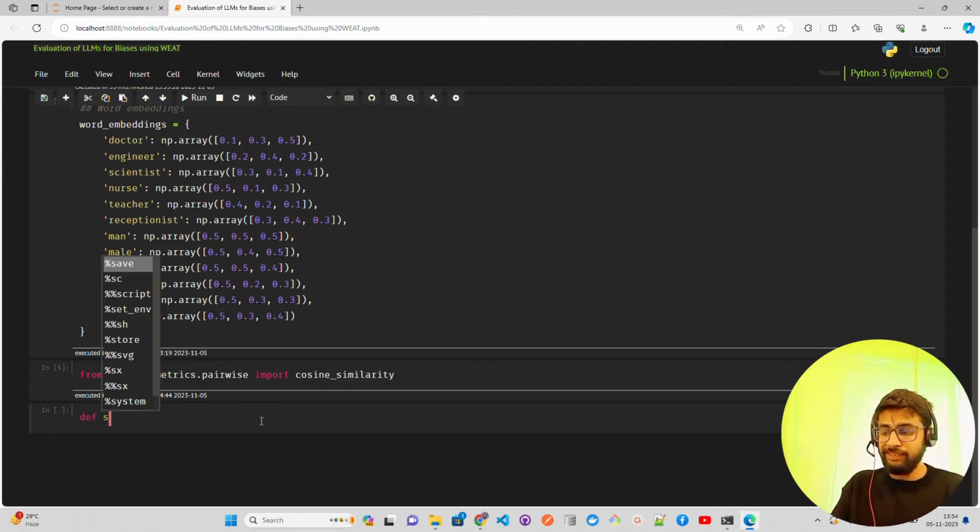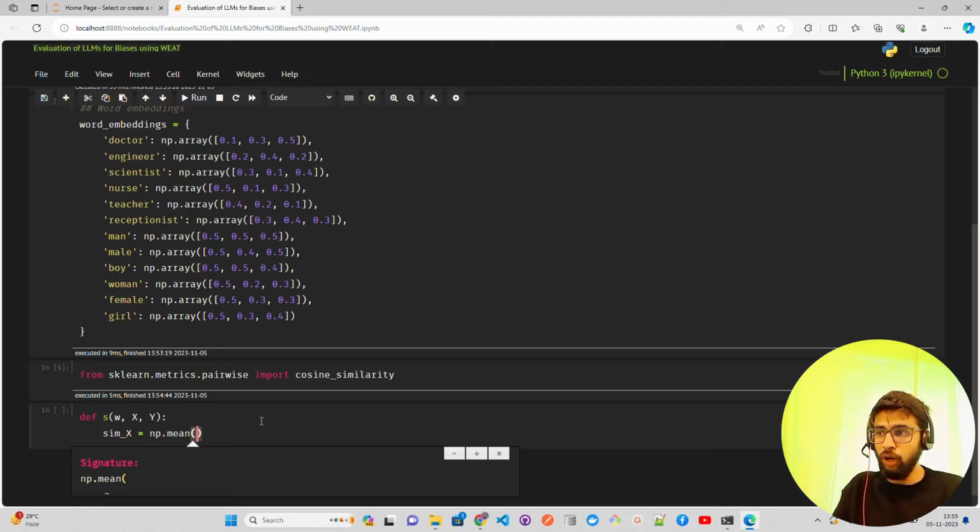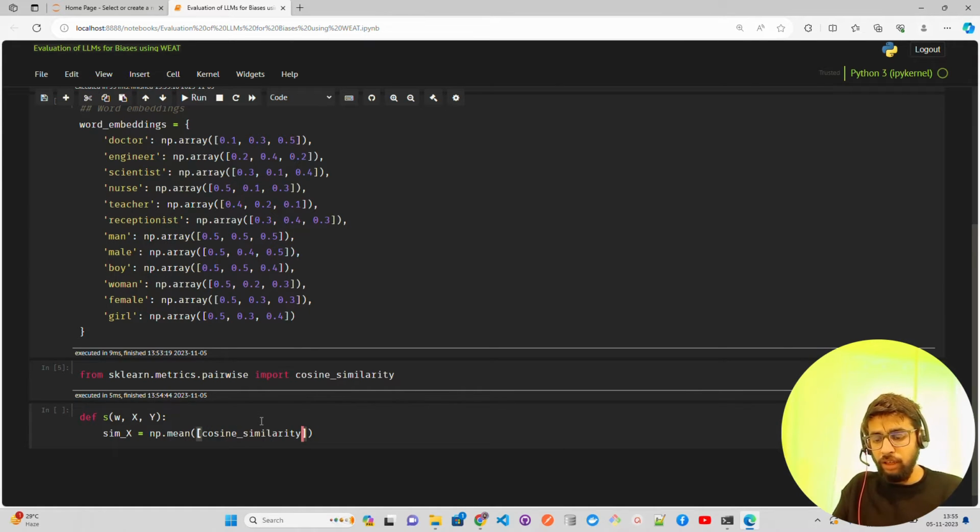Define s, which will take three things: w, which will hold the weights, X and Y. Then I'm going to find the similarity of X first. Let me write sim_x, and here np.mean, so we take the mean value of the cosine similarity. So let me do cosine similarity of the word embeddings, giving w for each word.